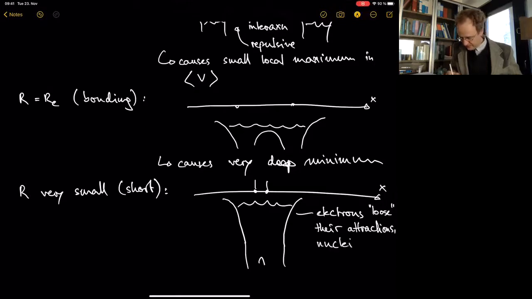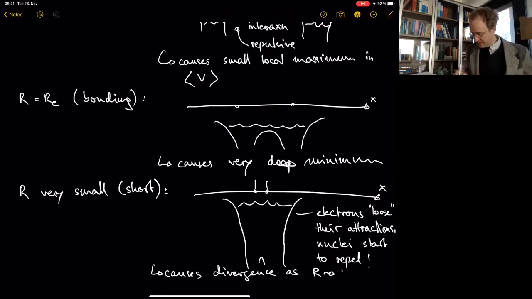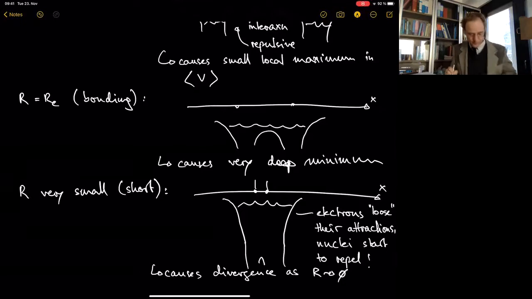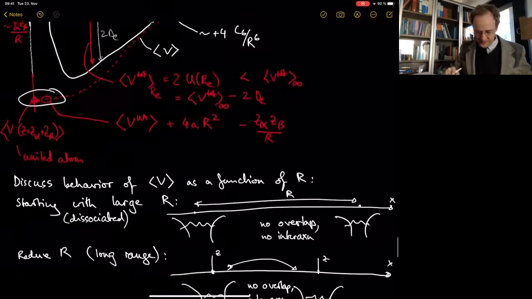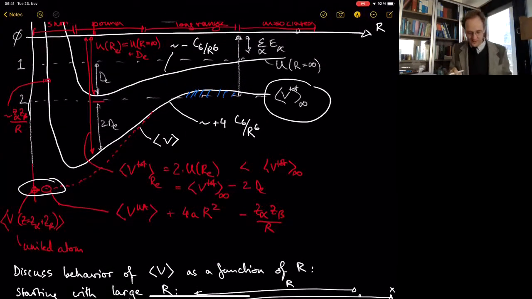Nuclei start to repel. So this causes divergence. That's R towards 0. Okay. So this is basically the curve discussion of this V function, right? The potential.